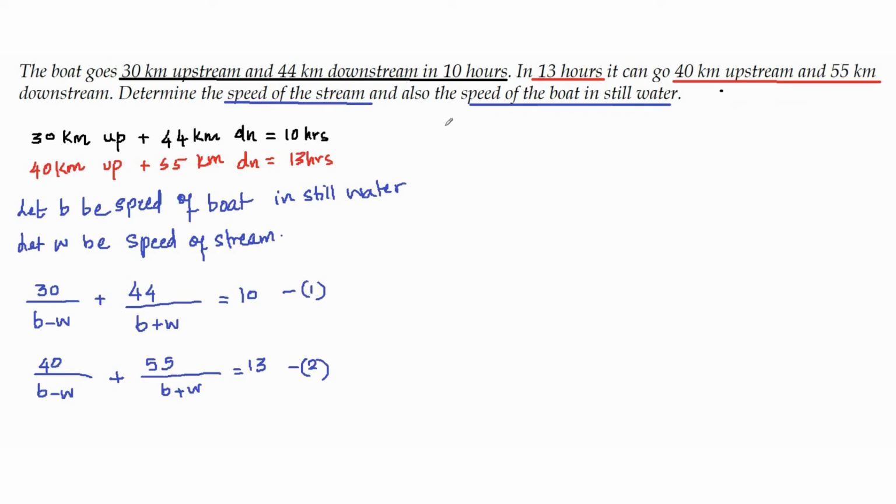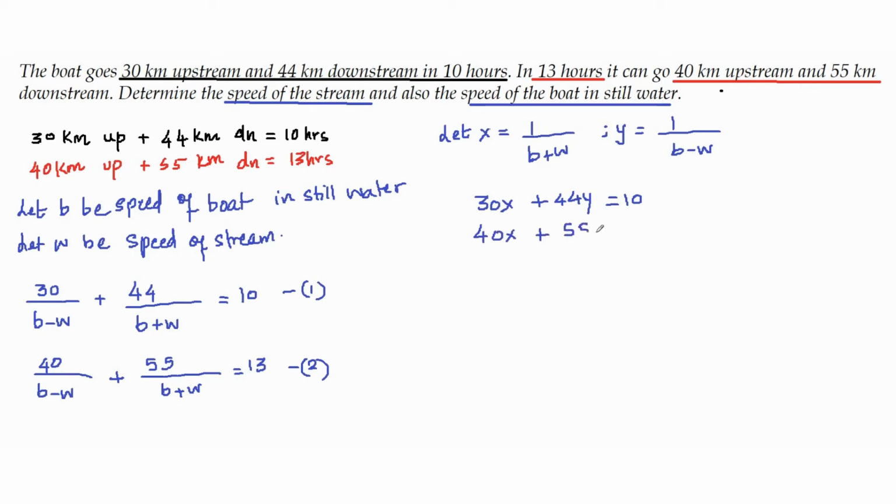Let X be 1 by V plus W and let Y be 1 by V minus W. Therefore, I get 30X plus 44Y is equal to 10, right? This is my third equation. And the fourth equation would be 40X plus 55Y is equal to 13, right?